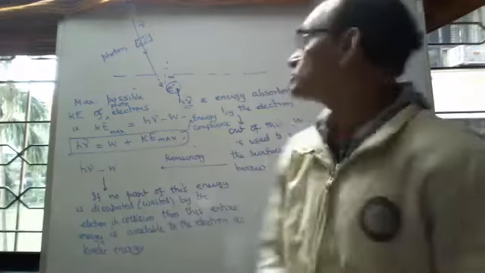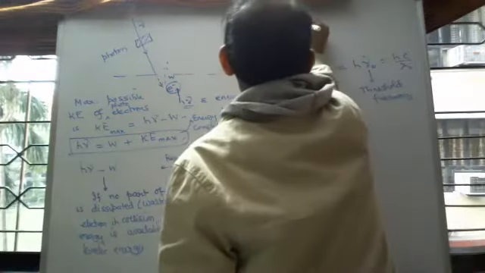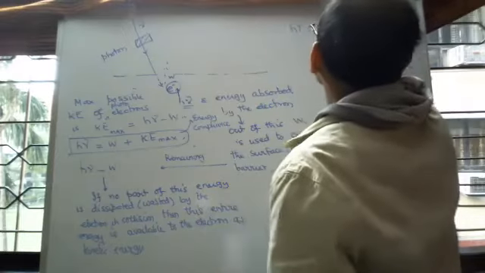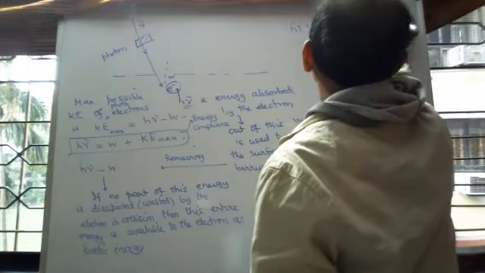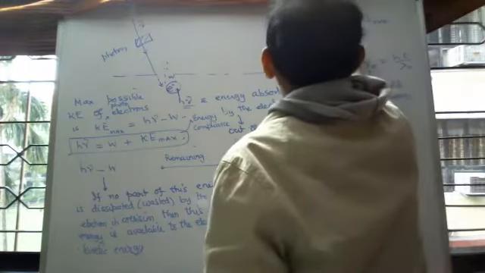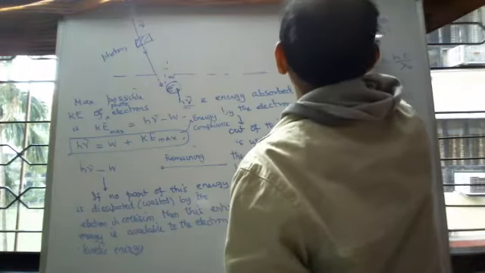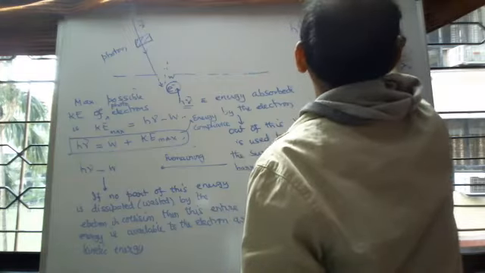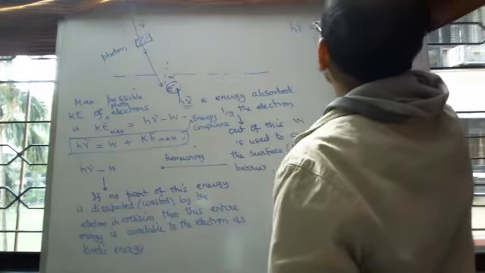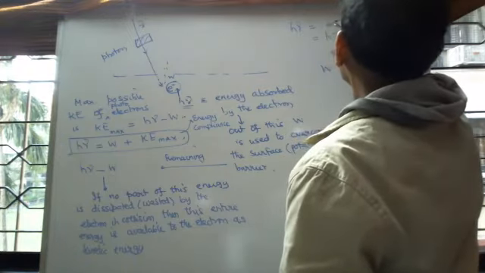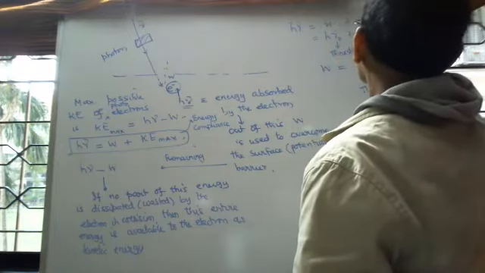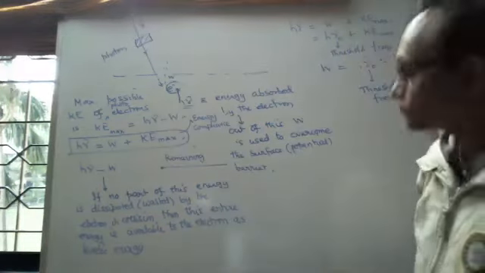W is the work function. So H nu is W plus maximum kinetic energy, where the work function is H nu naught. Nu naught is the threshold frequency of the incident radiation.